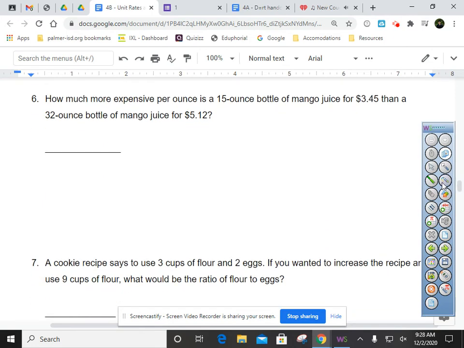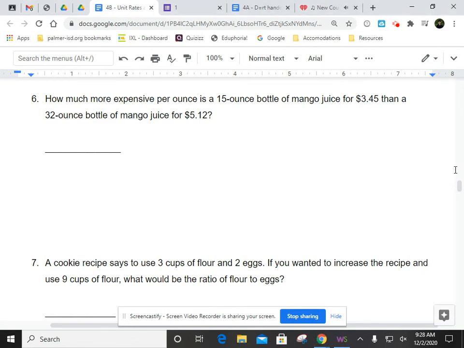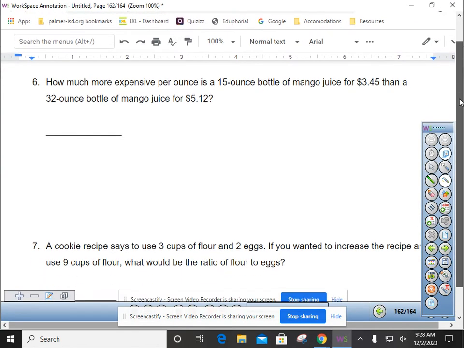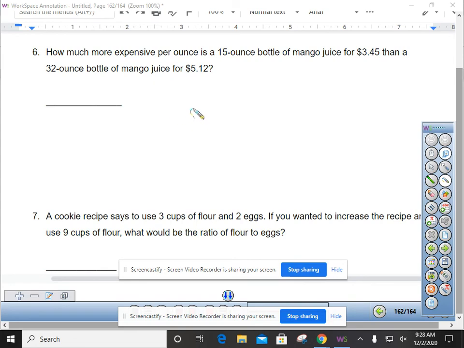How much more expensive per ounce is a 15-ounce bottle of mango juice for $3.45 than a 32-ounce bottle of mango juice for $5.12? How do you do that? This is exactly what we just did on the one before it. You can write a proportion if you want to, or you can do what?